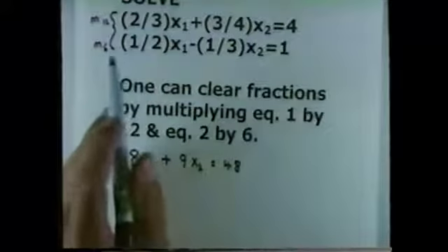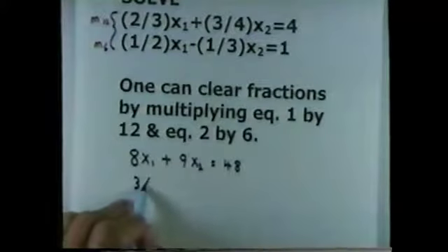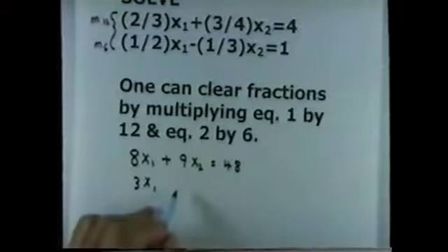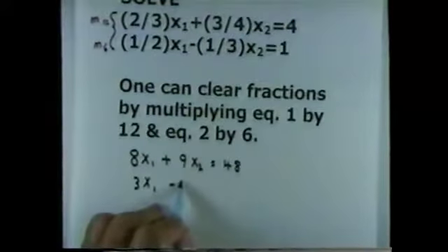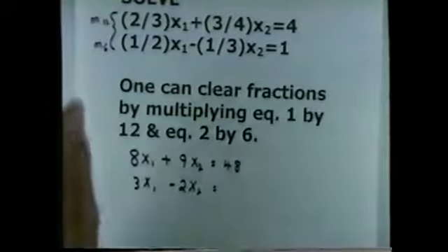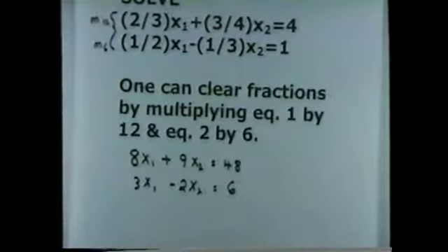Now multiplying the bottom by 6, 6 times 1/2 is 3. 6 times a negative 1/3 is negative 2, so that would be a negative 2x2. 6 times 1 is 6.